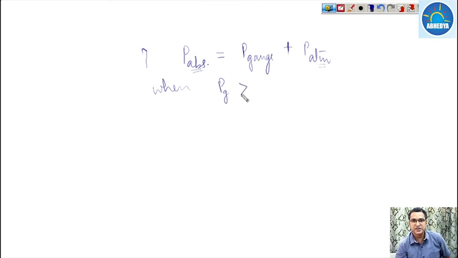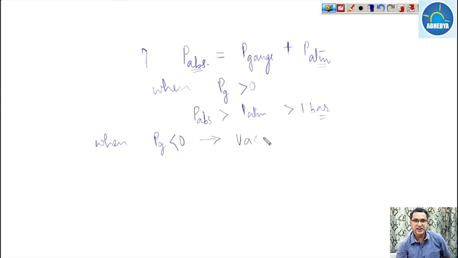So when gauge pressure is positive, then obviously P absolute will be greater than P atmospheric, that is greater than 1 bar. Absolute pressure is above the atmospheric pressure. While in the case when gauge pressure is negative, it is also known as vacuum pressure.